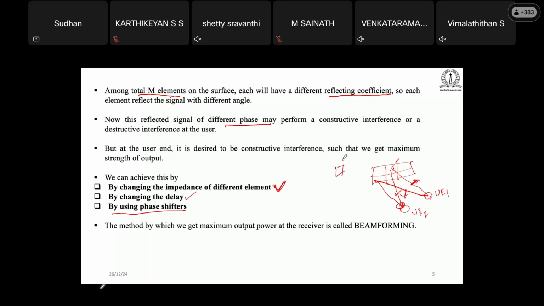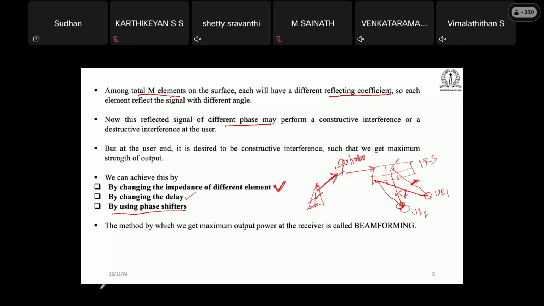So there is a controller. Usually it's connected to the base station. The base station has all the information about the user location and the distance of the user from the IRS, and based on that, the base station decides what the phase and amplitude will be, and passes this information to the controller.